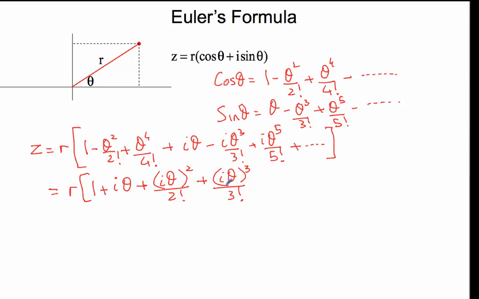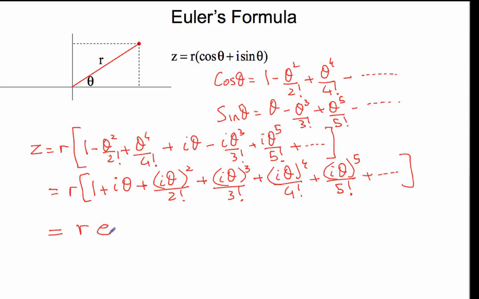And i cubed is i squared, which is minus 1 into i, so that's minus i, and that's the correct sign here. And then we can keep going. And finally, there's i theta to the power 5 over 5 factorial, etc. Now, this is immediately reminding us that this is the expansion of e to the power i theta.